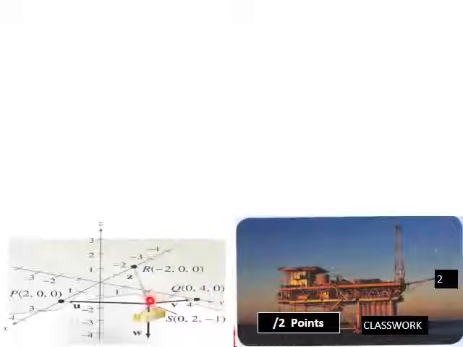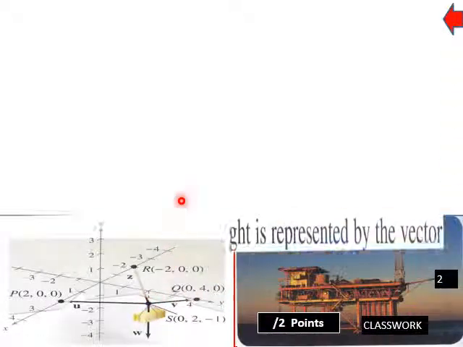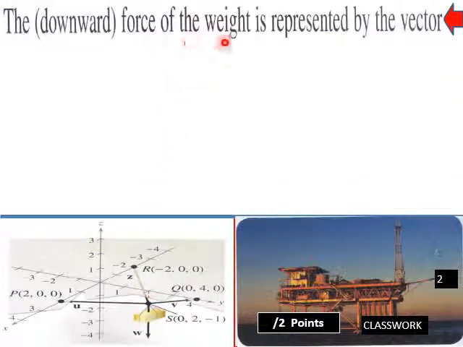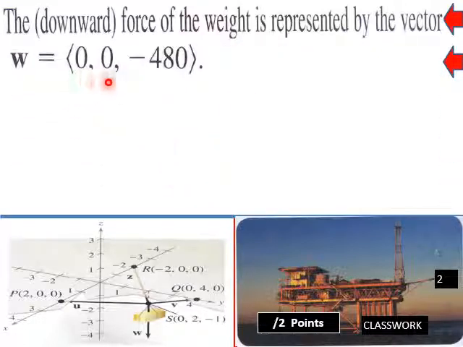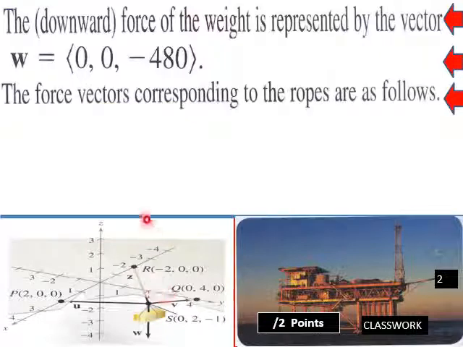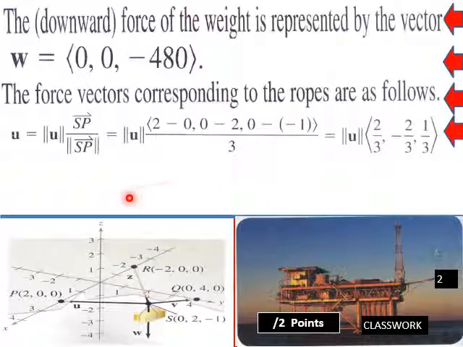Okay, so again, here is our diagram. The downward force of the weight is represented by the vector W equals 0, 0, -480. So our force here of the weight would be -480, which would be the negative force on our Z position. The force vectors corresponding to the ropes are as follows.